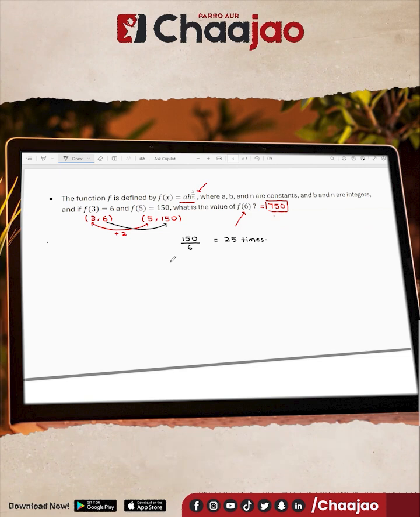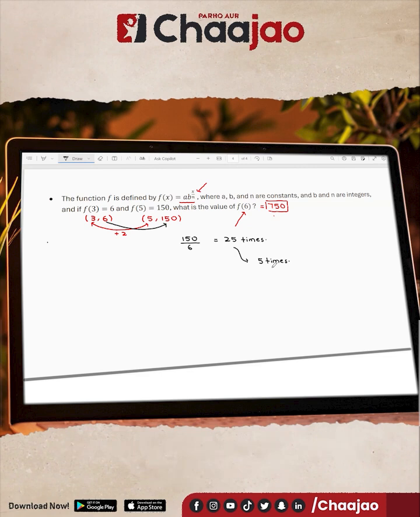So if x is changing by 2 units and y gets 25 times, it essentially means that when x changes by 1 unit, the value of y would get 5 times, instead of 25 times, because for every increase in x, the value of y is getting 5 times.